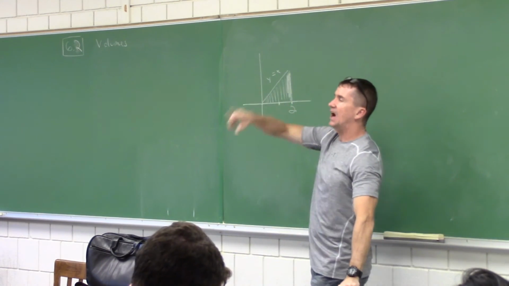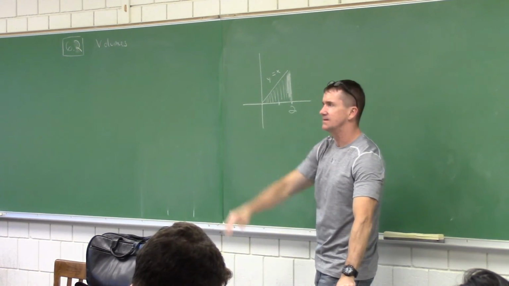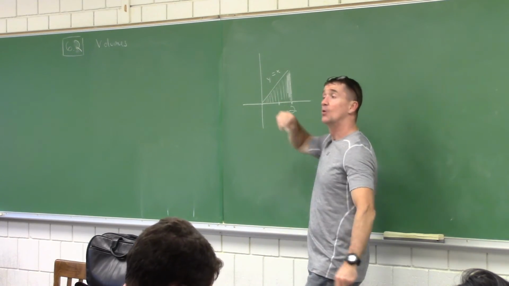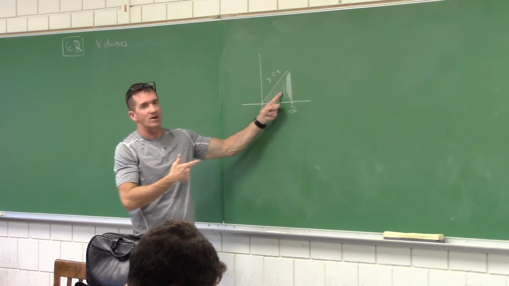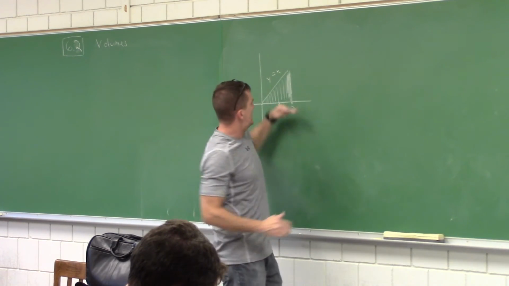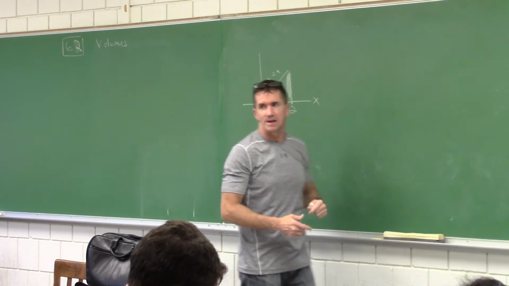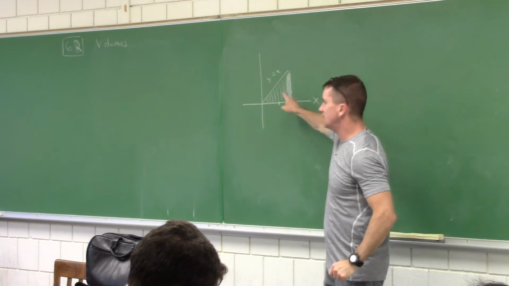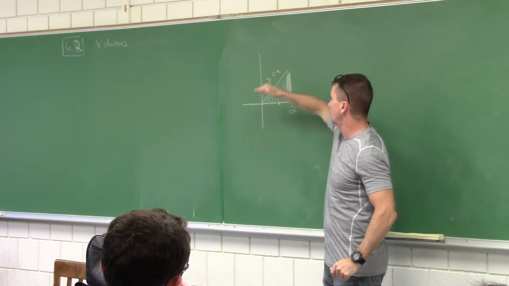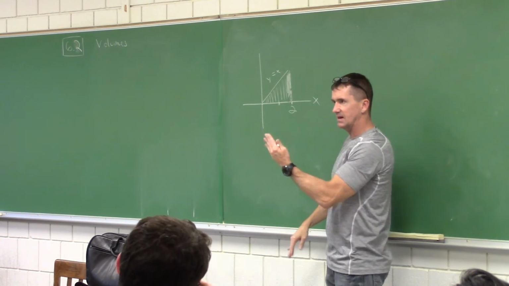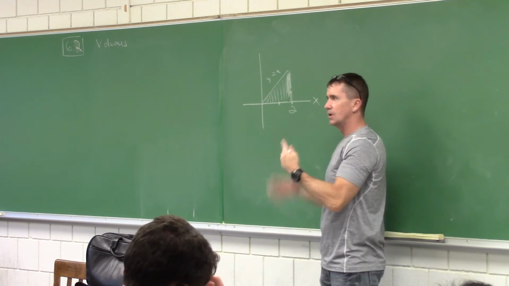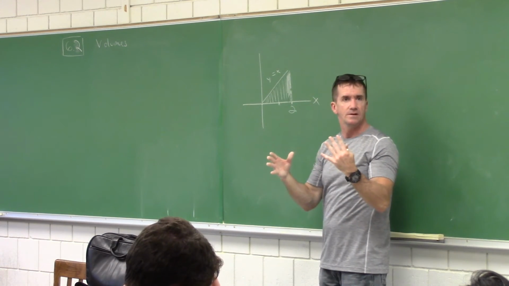We're going to find the volume of the solid. That's an area, and we're going to find the volume of the solid such that this area is revolved around the x-axis to form that solid. So if this area right here gets revolved around the x-axis, like this, we're going to find the volume of that solid.